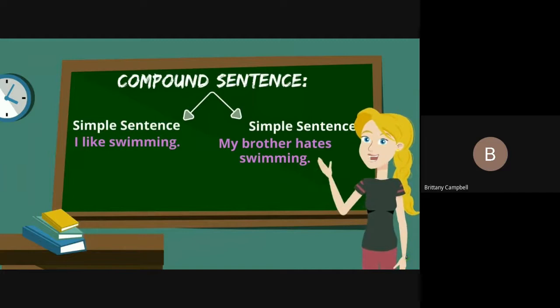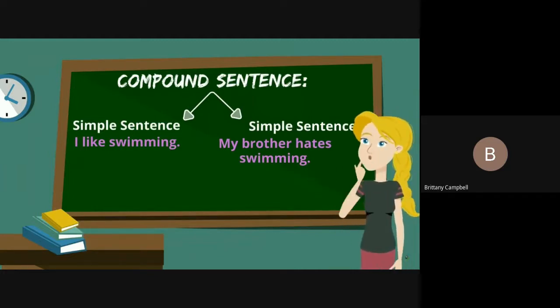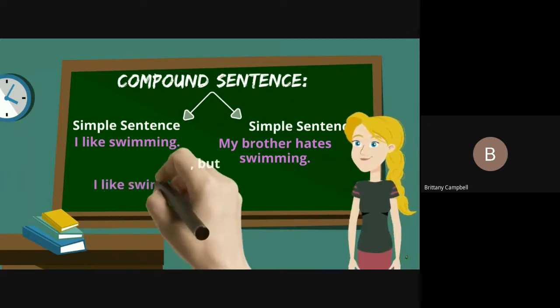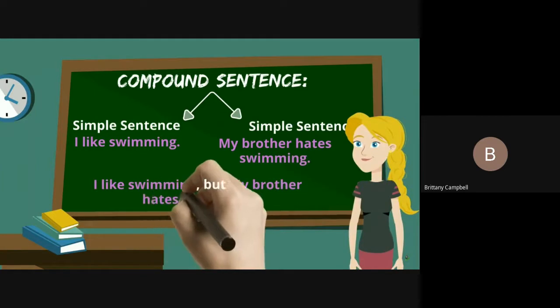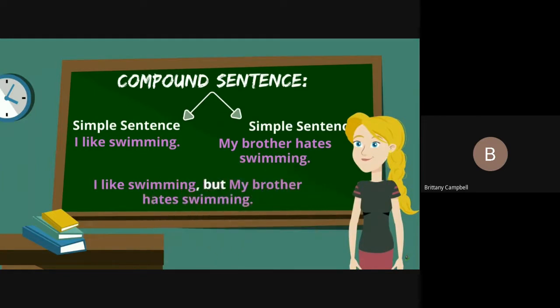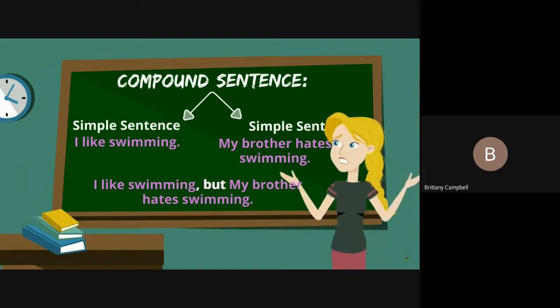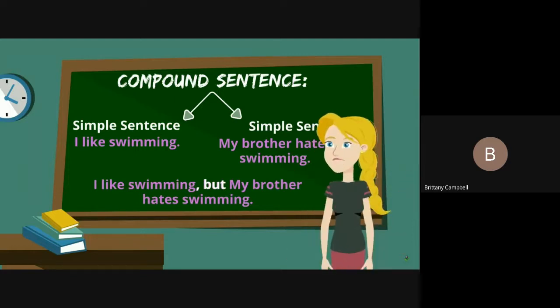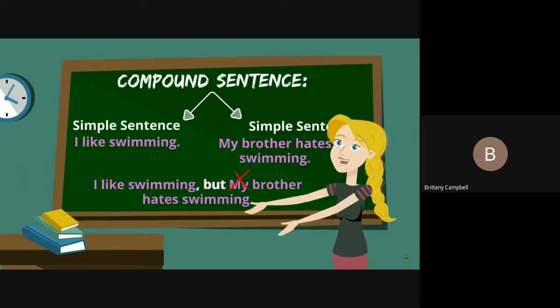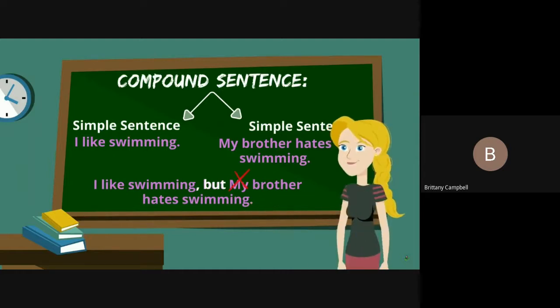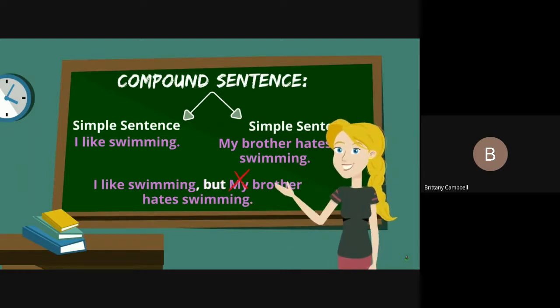What is the right connecting word to combine these two ideas? Did you say but? I like swimming, comma, but my brother hates swimming. But there is something wrong in this sentence. My shouldn't be capitalized because the sentence does not start with the word my.